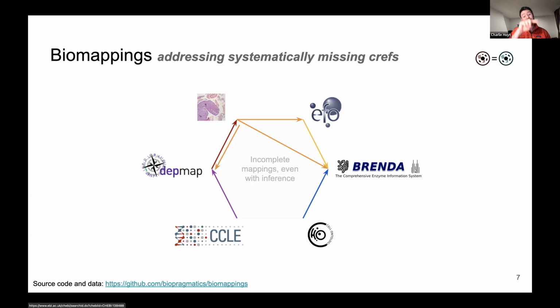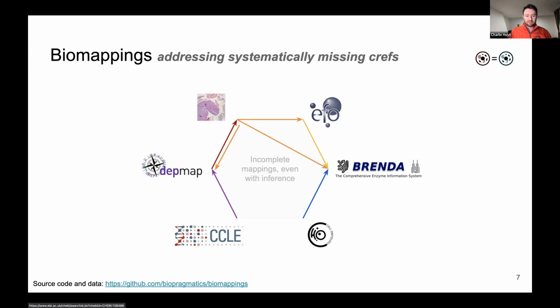So we basically had to go around the cycle to get mappings from CCLE through DepMap, through Cellosaurus, through the Experimental Factor Ontology, through BRENDA, and then to the Cell Ontology. This is pretty inconvenient, but you can make inferences about cross-references in certain cases. However, even when doing this, there's still incomplete mappings. So we had to go about generating these mappings and curating them.